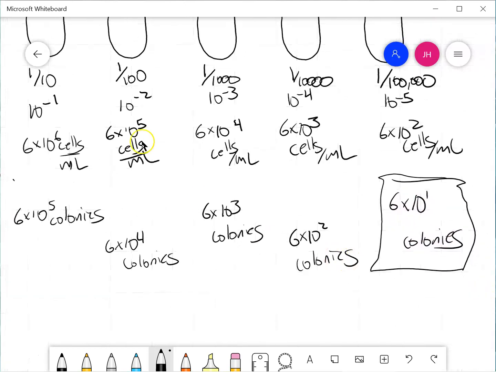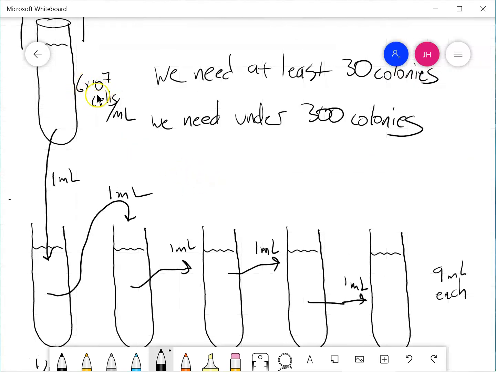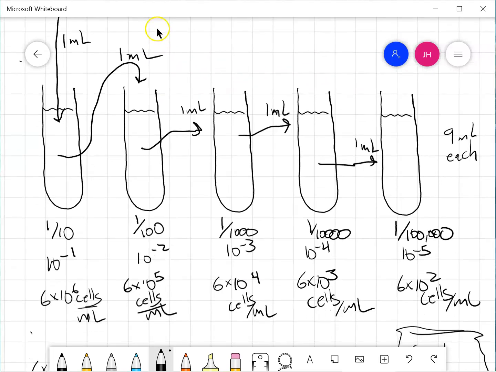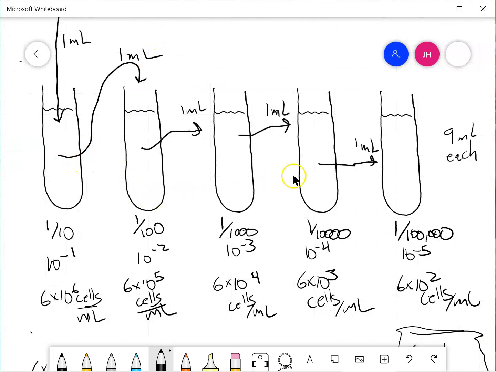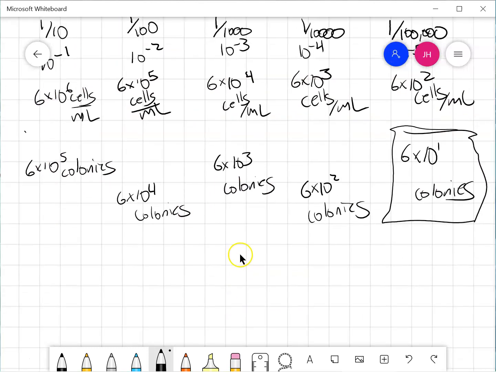And so again, this is a hypothetical example. And let's say that you and I know this number, and you and I have done all this math to figure out all the concentrations in all these dilution tubes. And you and I know how many colonies each of these dilution tubes are going to make.